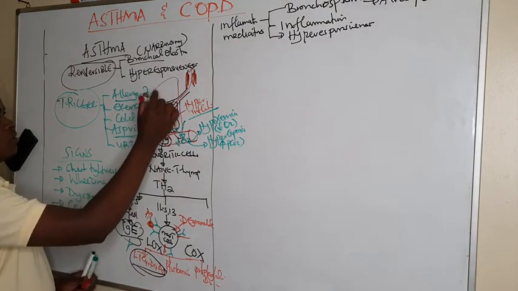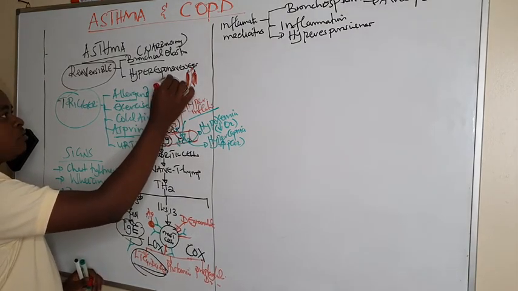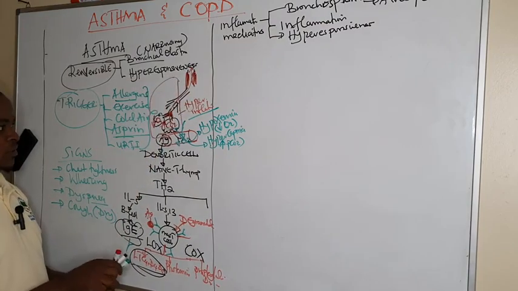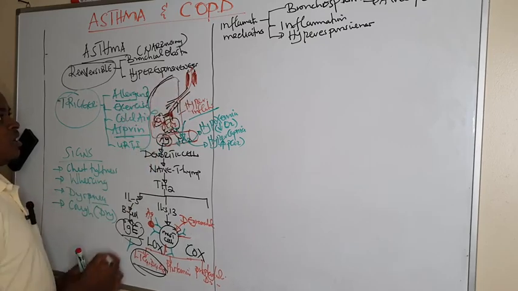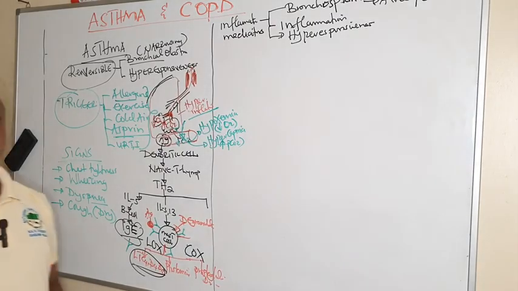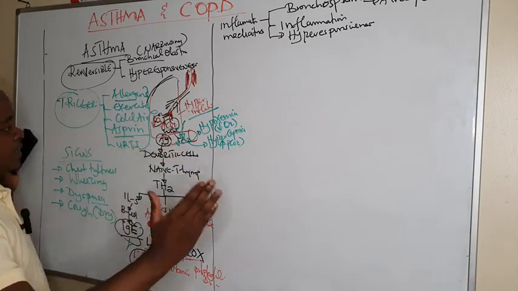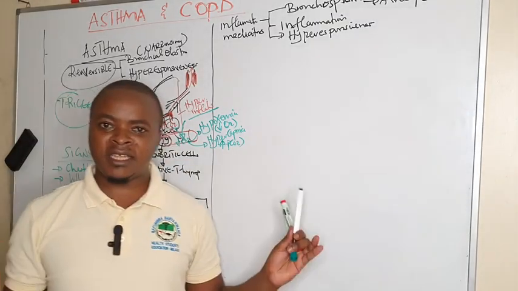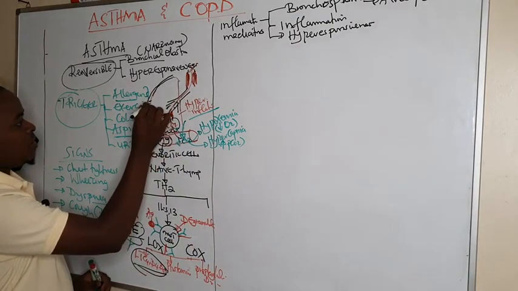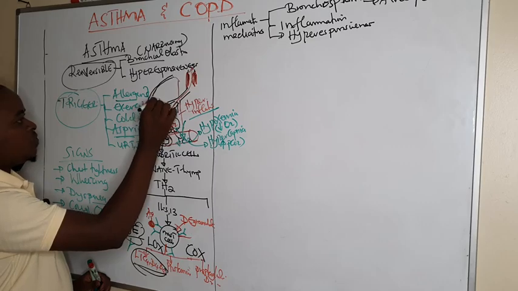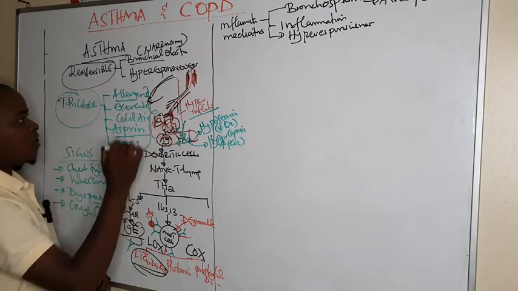And what is pneumothorax? The lungs are surrounded by what we call the pleural cavity, having the visceral and the parietal layer. So when there is hyperexpansibility or inflated lungs, it can easily burst, creating an opening which will allow air to escape from the lung into the pleural cavity.